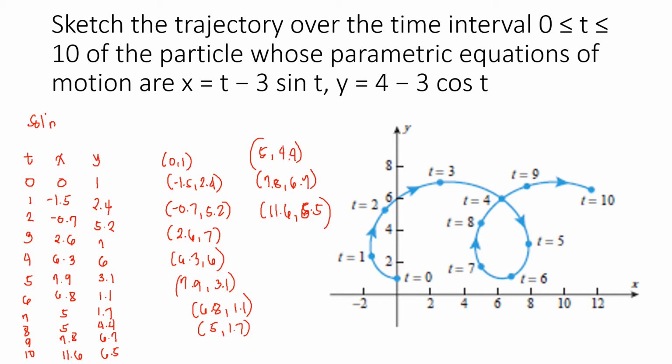Although parametric equations commonly arise in problems of motion with time as the parameter, they arise in other contexts as well. Thus, unless the problem dictates that the parameter t in the equations x equals f of t, y equals g of t represents time, it should be viewed simply as an independent variable that varies over some interval of real numbers.